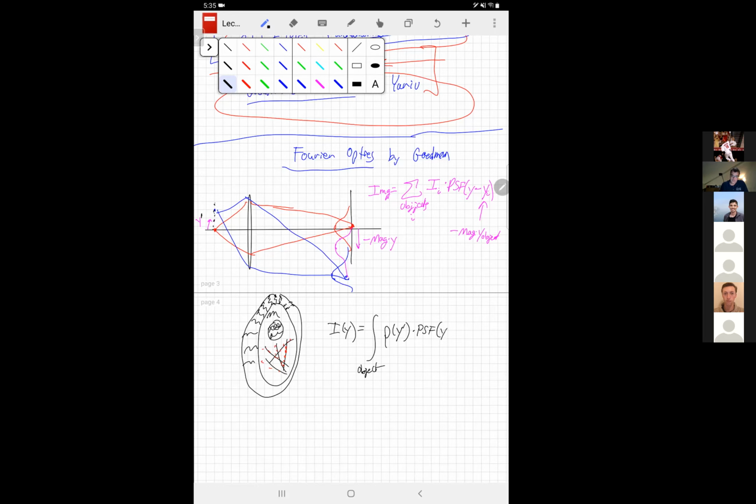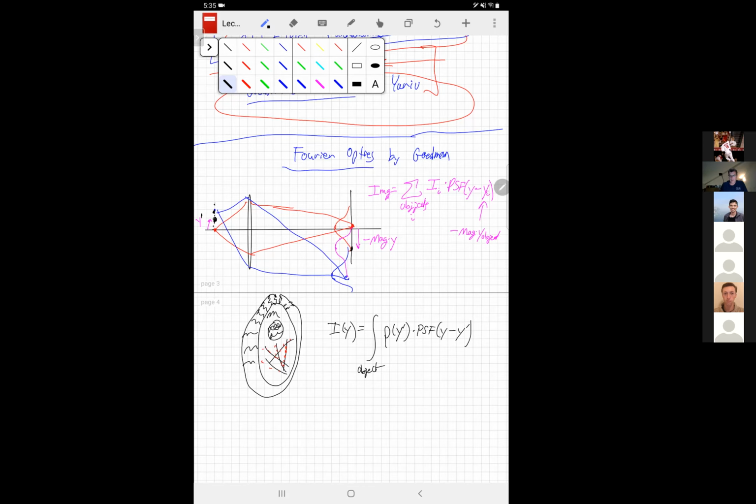And then we're going to put y minus y prime. You might be saying, shouldn't we include a factor of magnification? Ideally, yes, but let's pretend that this is one-to-one imaging. If you want, we can just say that what we're really adding up is some equivalent position. So we're asking what is the position in the image plane that would correspond to this position in the object plane.